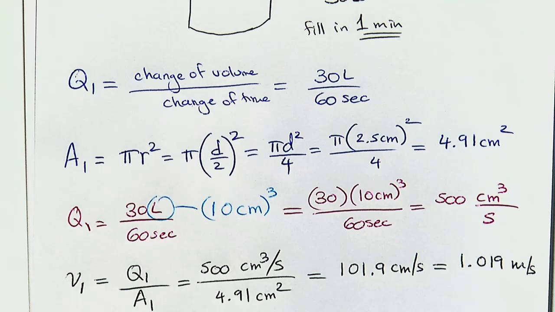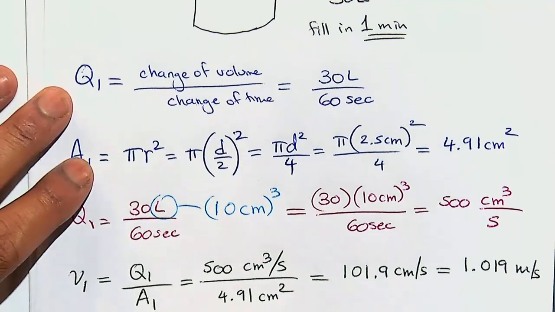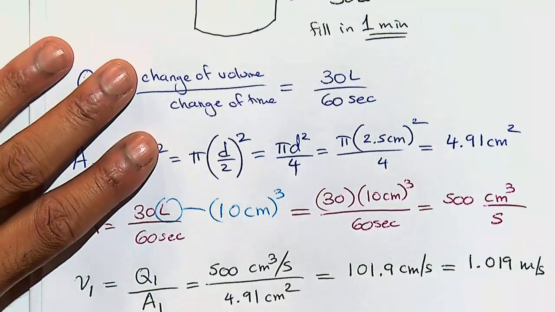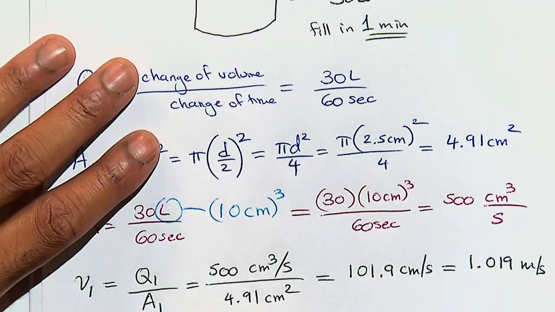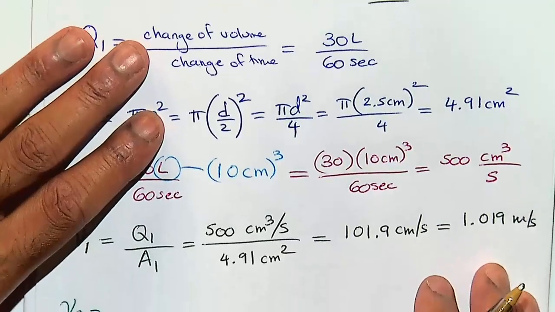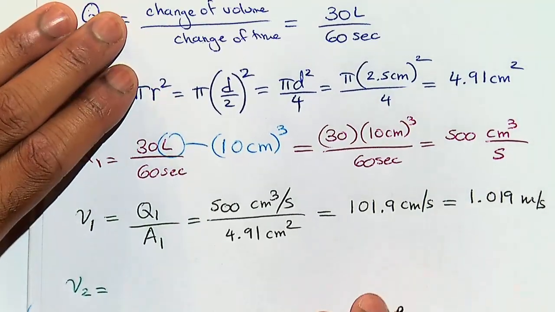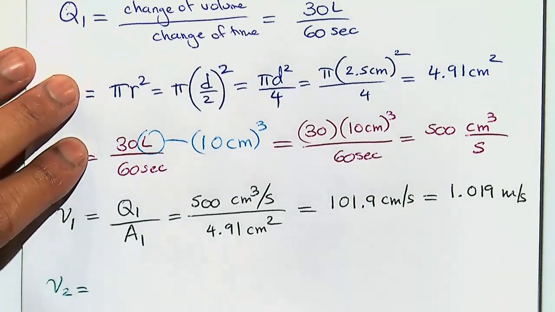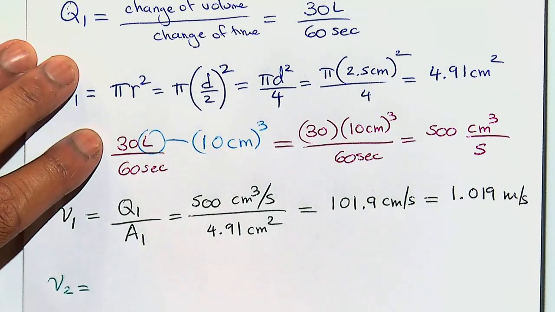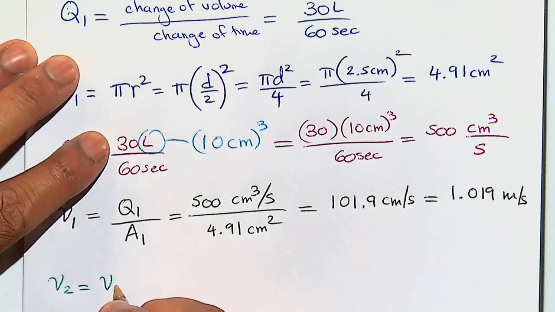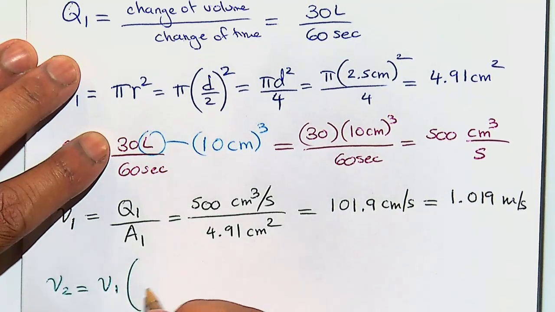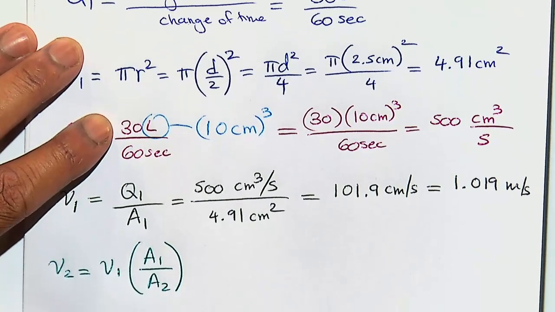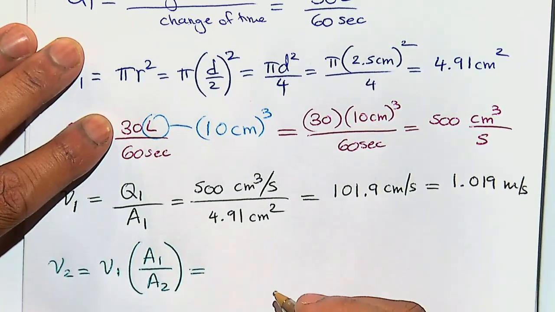So velocity 2, using our continuity equation, will tell us that the velocity 2, I have to keep watching my phrasing because it's easy to say volume and I mean velocity. Catch me and correct me if I say the wrong thing. So velocity 2 equals velocity 1 times area 1 divided by area 2. We're just rewriting the continuity equation.